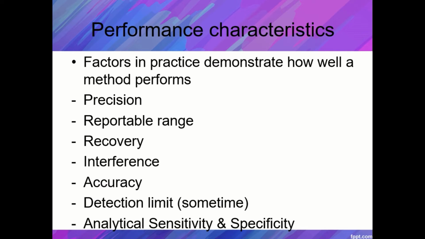And under performance characteristic, these are factors that in practice demonstrate how well a method performs, such as precision, reportable range, recovery, interference, accuracy, detection limit sometimes, and analytical sensitivity and specificity.